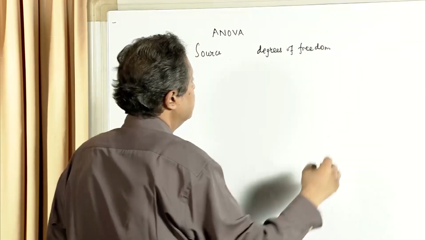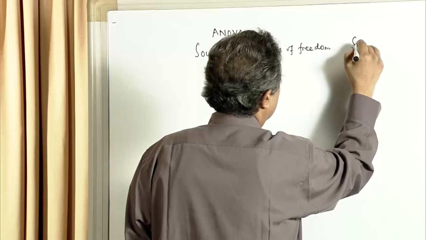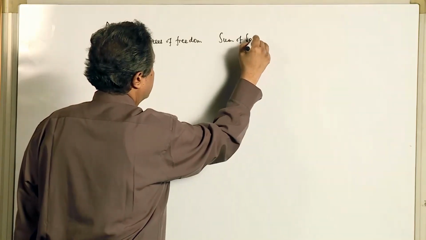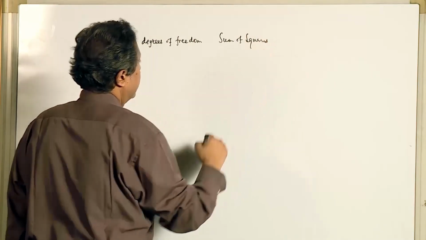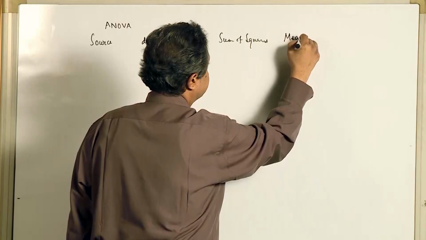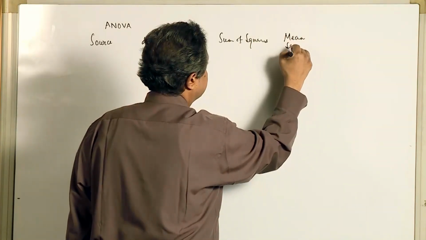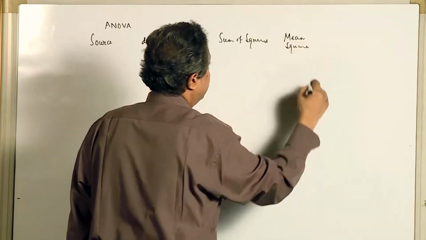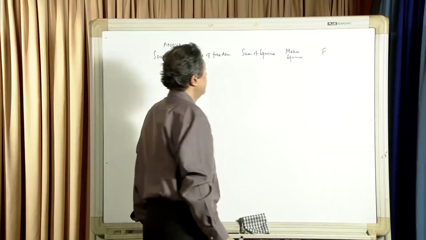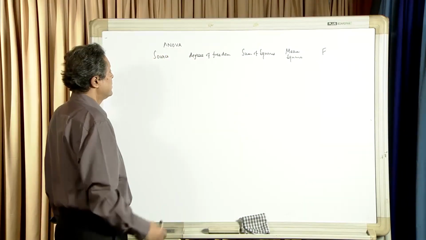The third column gives the sum of squares. The next column gives the mean square. And finally, we calculate an F statistic from these results.